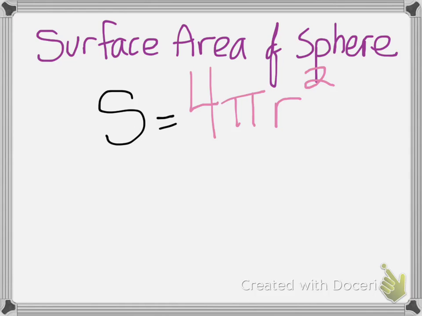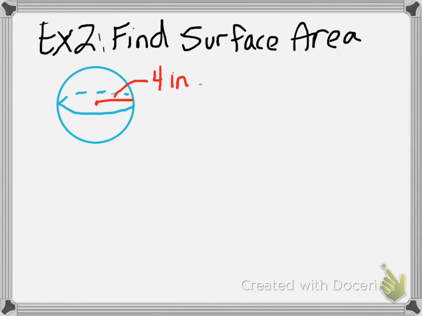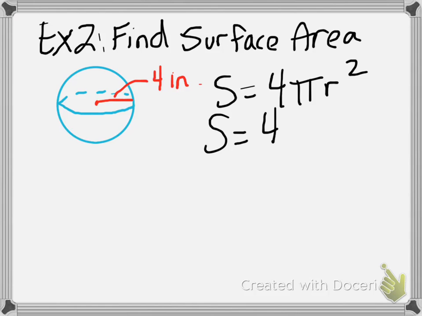Okay, 4 times pi times r squared. So let's find the surface area for this sphere. Surface area equals 4 pi r squared. Surface area equals 4 times pi times my radius, which is 4 squared.